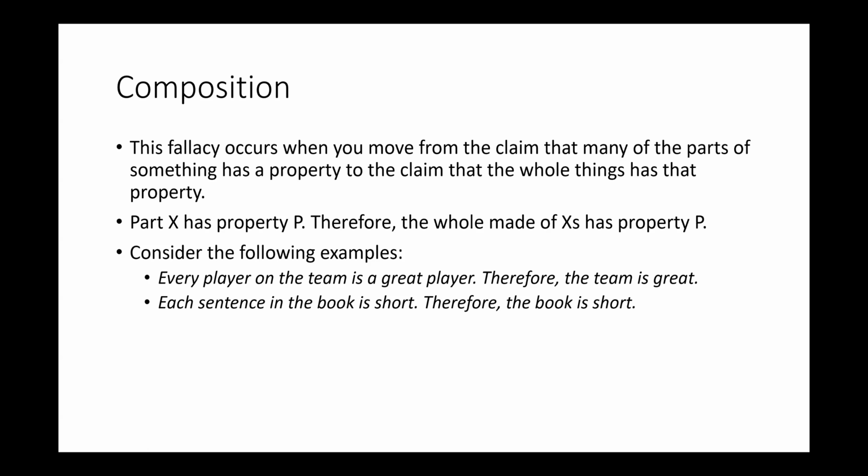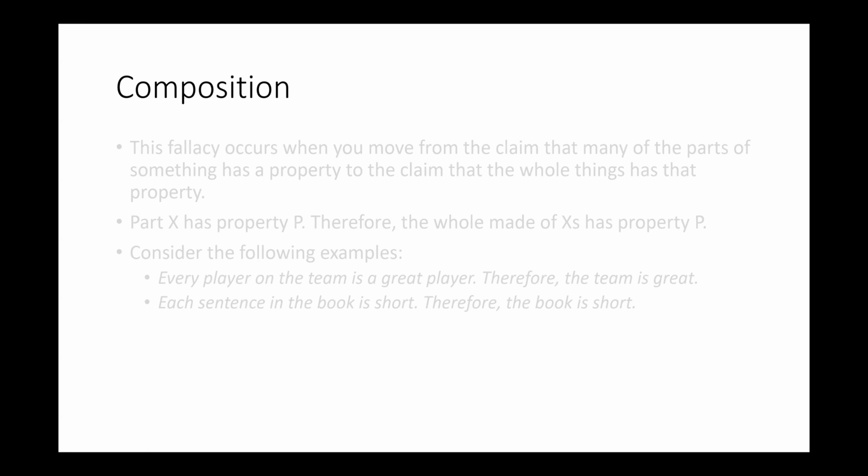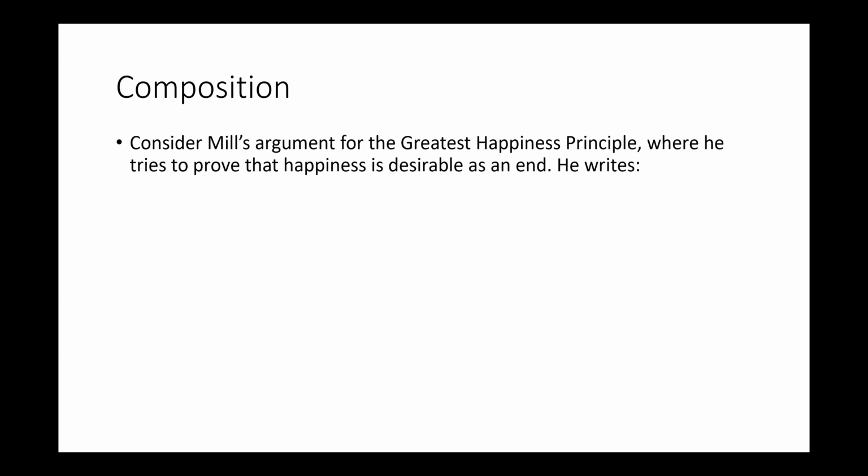Right. So the mere fact that the book has a lot of different short sentences doesn't mean that the book itself is short. Now I want to turn our attention to another example that is sort of famous in philosophy. This is an argument offered by John Stuart Mill in his little pamphlet called Utilitarianism, where he's arguing for what he calls the greatest happiness principle, which is basically telling us that we should maximize the greatest amount of happiness overall for the greatest number of people.